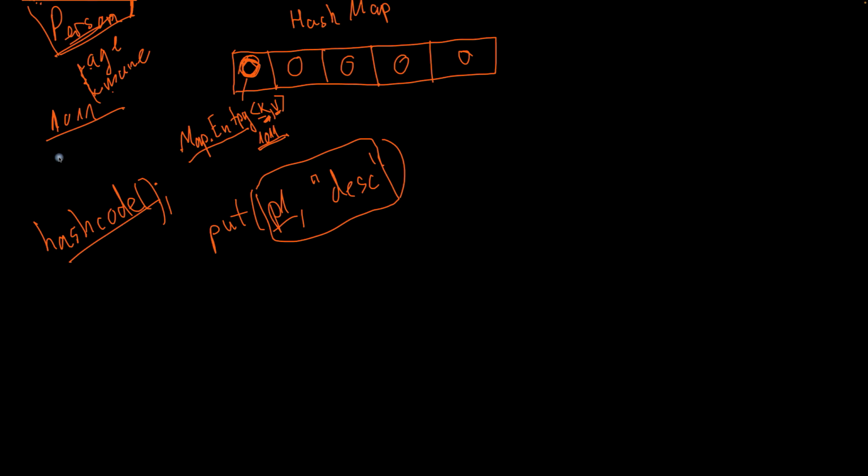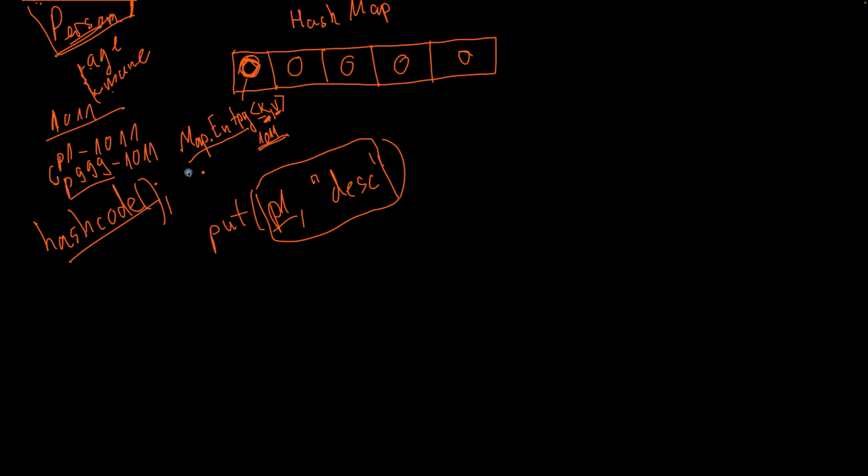So for example, for person1 this is the hash key, and for person1999, imagine we have created so many persons, we get the same hash code generated.